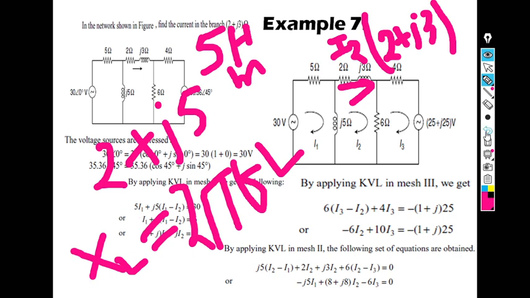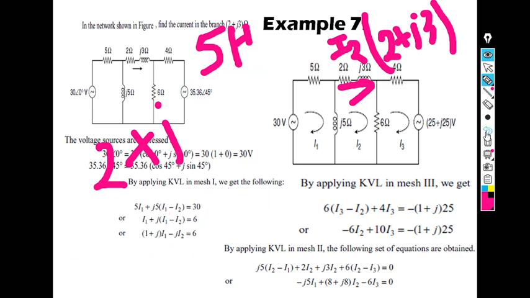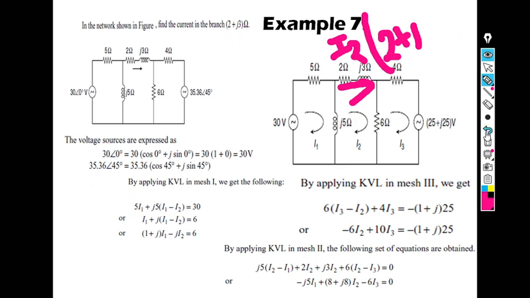So remember these two things: you cannot add 2 plus J3 as a 5, or remove J and just add 2 plus 3. You don't know what J is and you just add 2 plus 3 and write 5, and you will say, madam, is my problem right? No, it's not right. 2 plus J3, 2 is the real part, J3 is the imaginary part, and this imaginary part happens due to the inductor. If current flows through a pure inductor, there will be no drop.